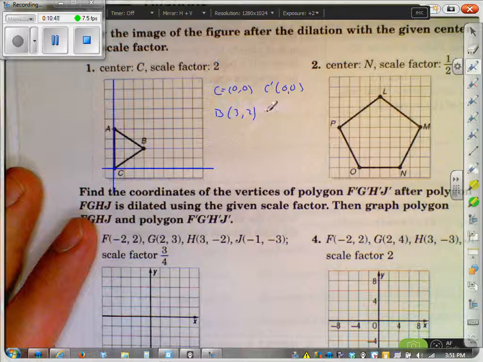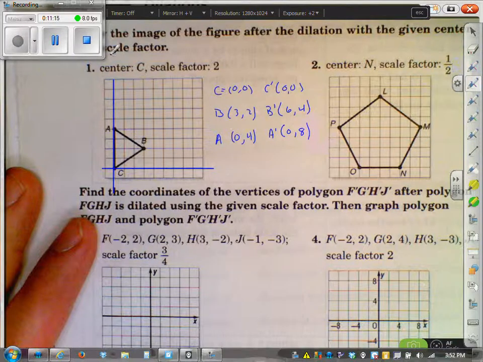So 3 times 2, B prime. 3 times 2 is 6. 2 times 2 is 4. And then A is at 0, 4. And then A prime, we're going to multiply those by 2, 0, 8.